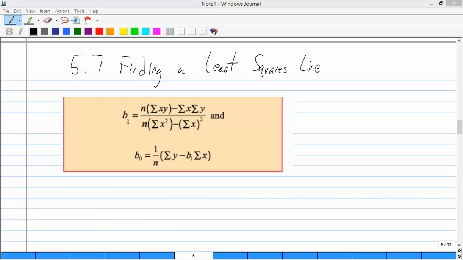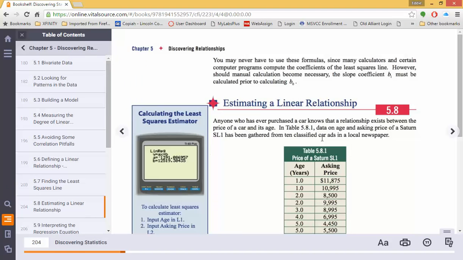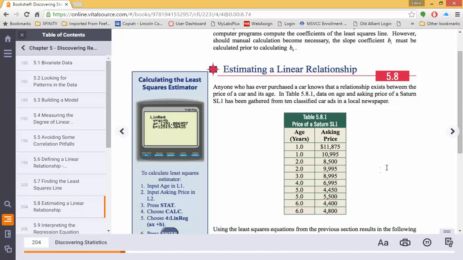Your book goes through an example on the relationship between the age of cars and the asking price that someone would have. There's a table that shows cars' ages and asking price from a classified ad. It took data from those two variables, which are highly related.